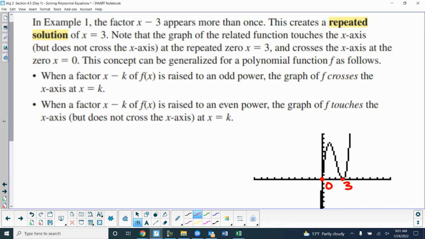But that's what this is talking about when it's talking about multiple zeros or a repeated solution. If it works twice or 4 times or 6 times, it's going to bounce off. If it works 1, 3, 5, 7, 9 times, it's going to cross through to the other side.